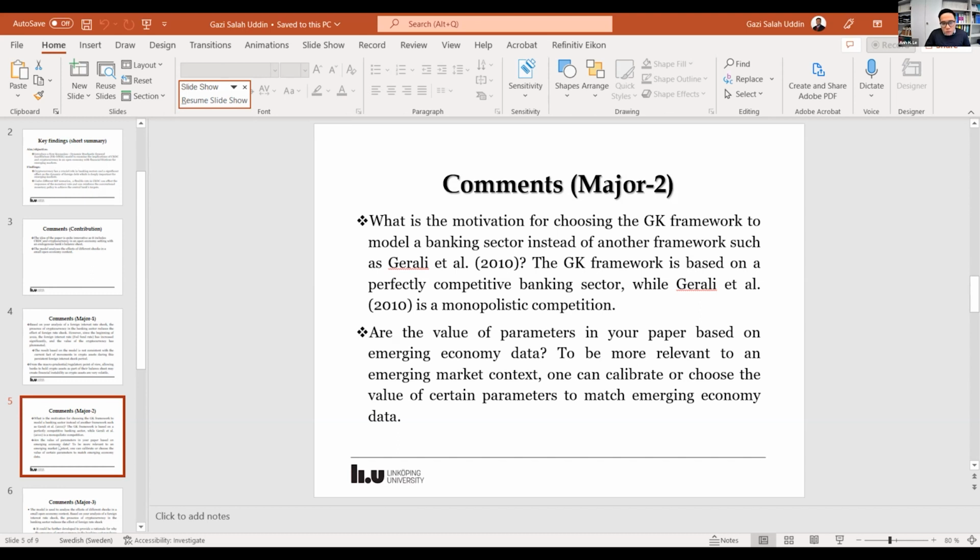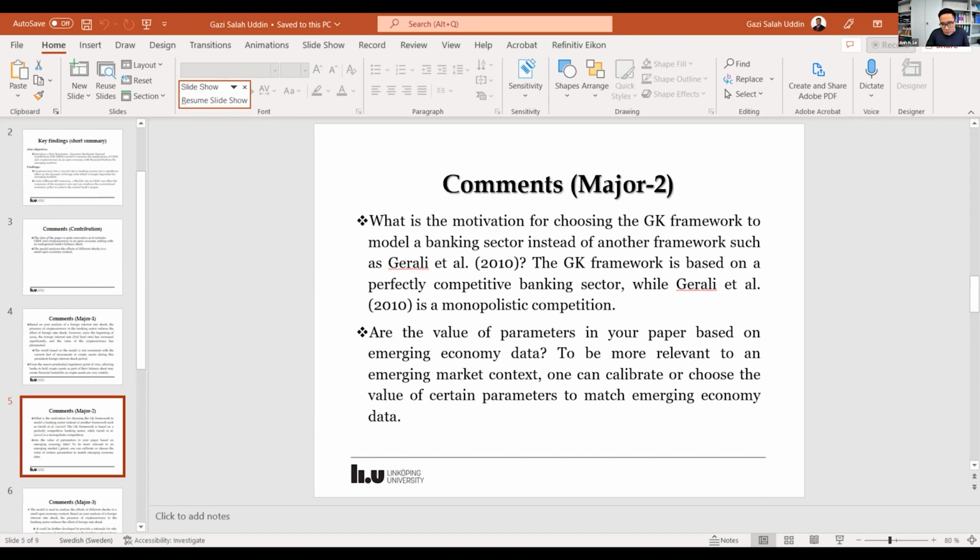What I want to model here is to use the GK framework to model financial friction, and it's just easier to incorporate foreign debt there, and to introduce the optimal portfolio choice between domestic funding for banks and foreign funding for banks. So it's just easier to introduce.